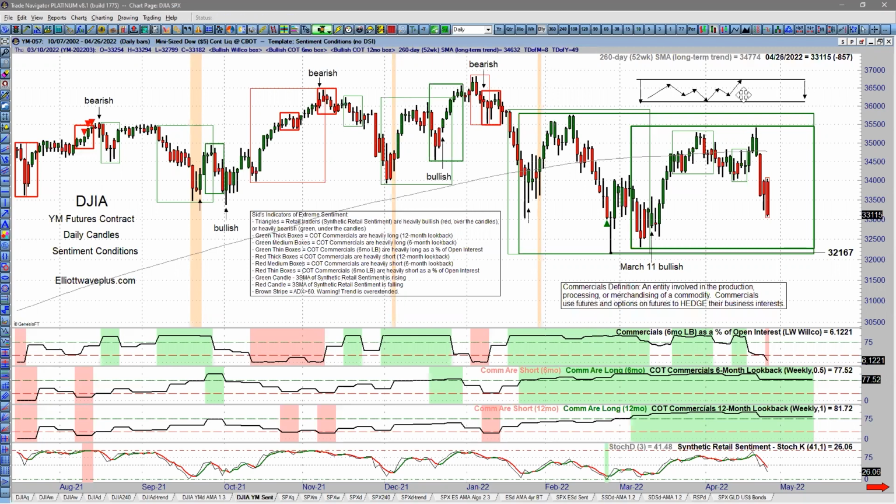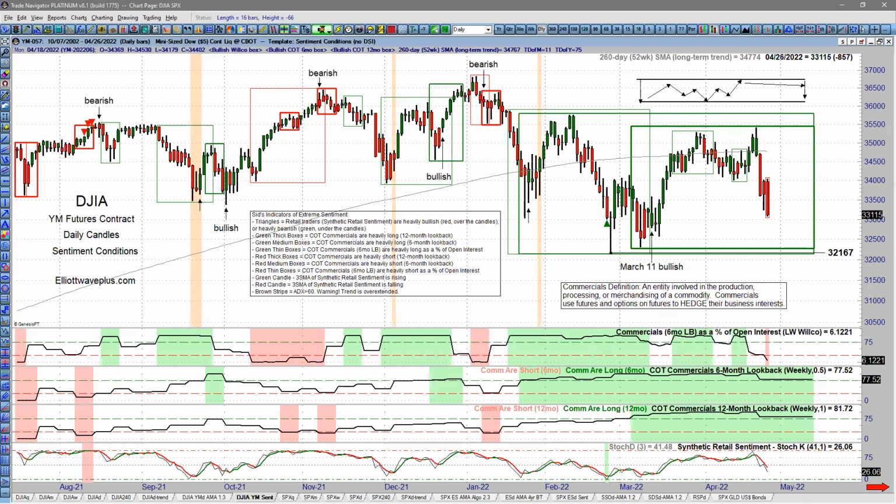Okay, that's 1 year. This was the most bullishly positioned, and this was the most bearishly positioned. So we ended up with a reading right here of 77. So that would be like ending up about right there.